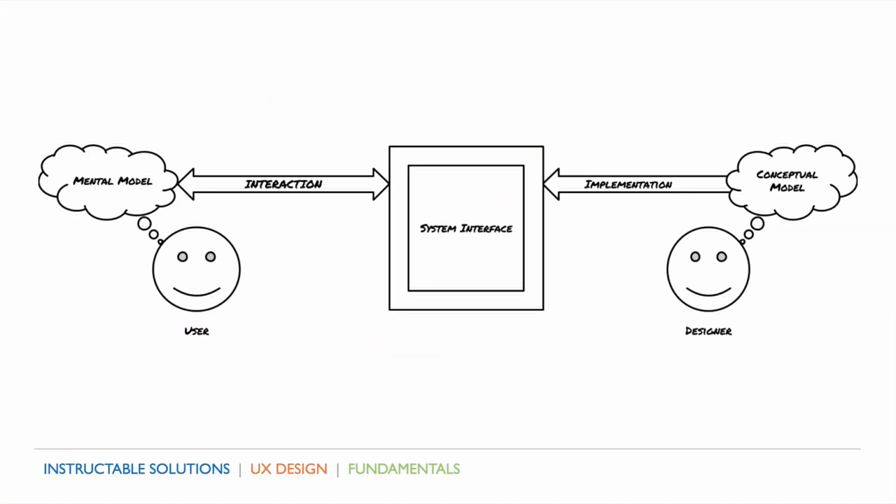In this example, the system interface is built to satisfy both the mental model and the conceptual model. It's designed by a designer, it's created by a designer to address exactly the expectations of our user. That, of course, is the goal.